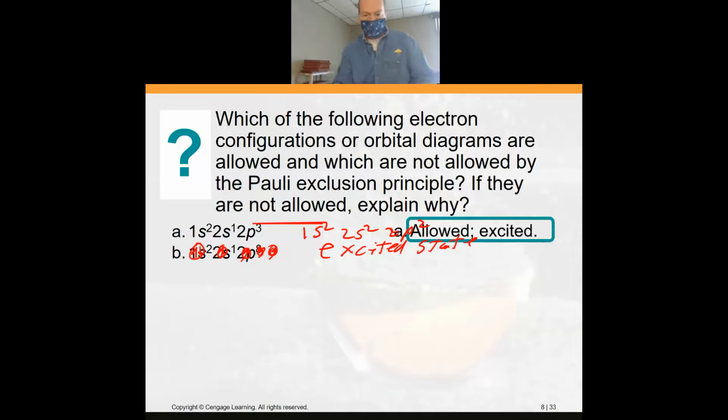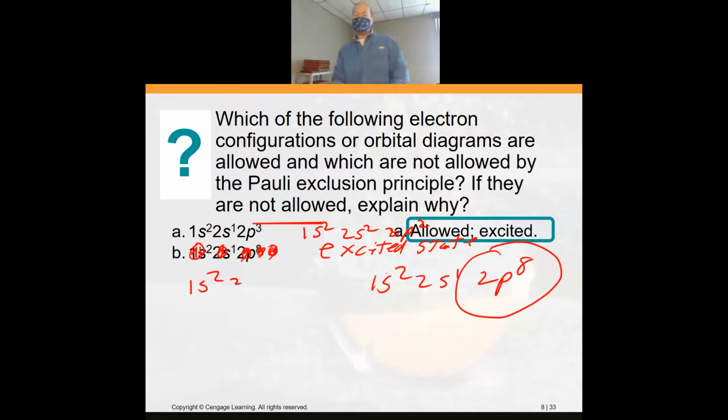All right, of course, now I can't see what that says. So that is 1s2, 2. I'm going to write that right on top of the next one. 1s2, 2s1, and that looks like a 2p8. All right, so this is a big problem because the 2p has your 3 orbitals, and they are numbered 0, negative 1 to the left, positive 1 to the right.